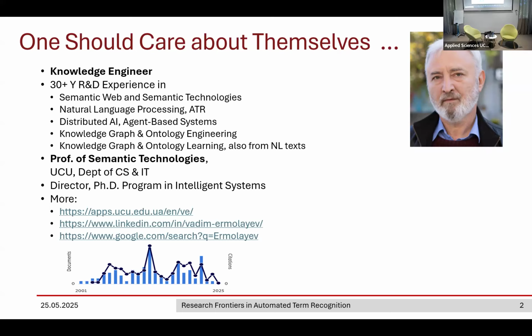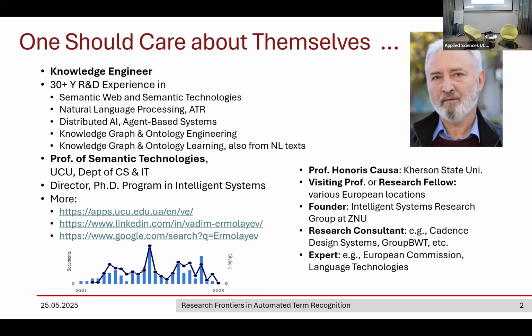More information about myself can be seen over there, and this is the citation graph during the last 24 years. So I have some papers, and luckily I do have some citations. And this is about the impact. I'm a honoris causa professor at Kherson State University in Ukraine. I've been a visiting professor and research fellow at various European locations, including leading universities in Germany, England, Spain, France, Austria.